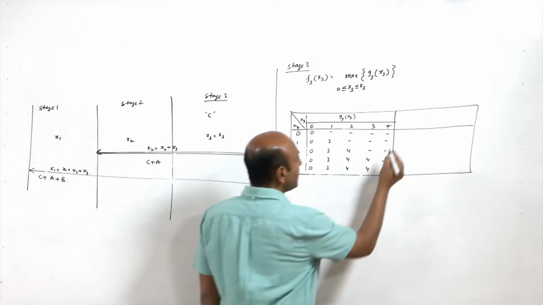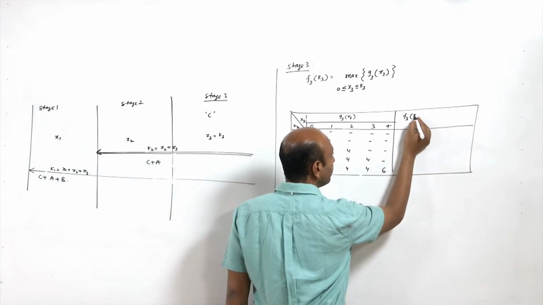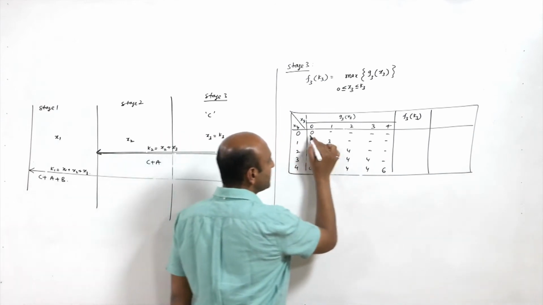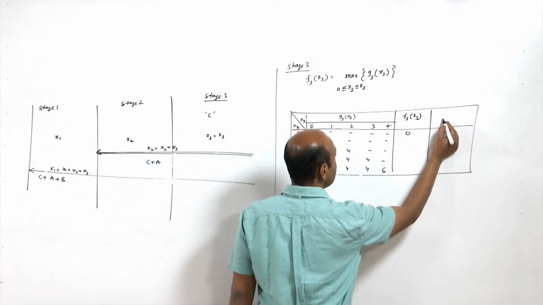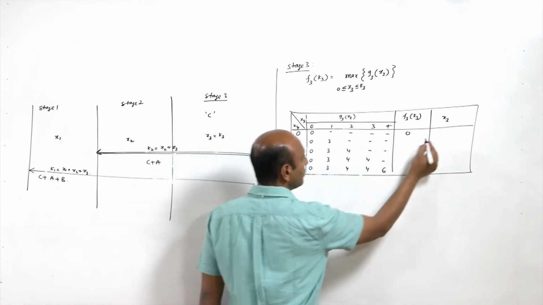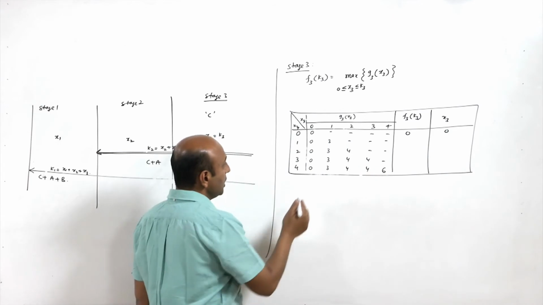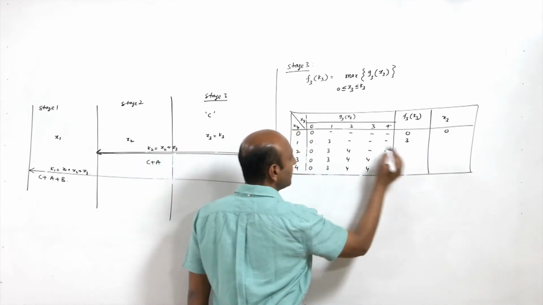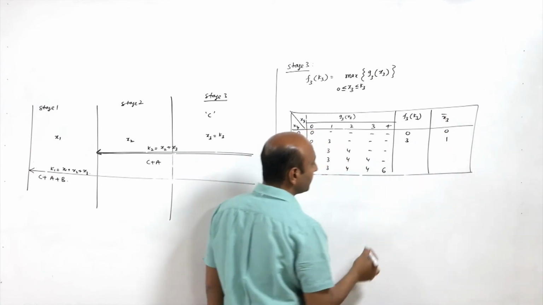So what is F3 K3? F3 K3 is the maximum of all this. The maximum is 0, and for which X3? This maximum is obtained at 0, so it is 0. Now this maximum is 3, obtained at which X3? At 1, so we call it X3 bar.